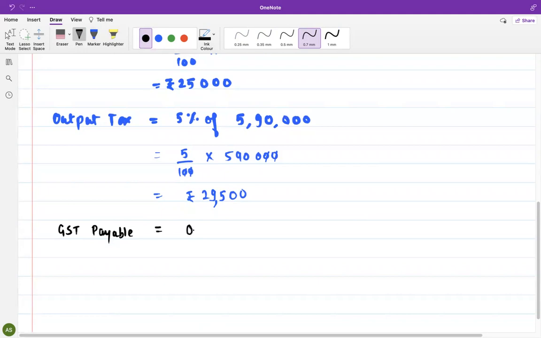So GST payable is nothing but output tax minus input tax.